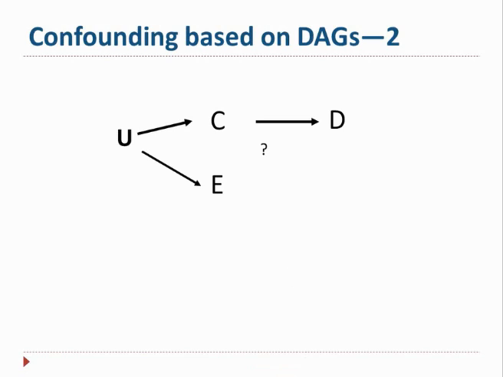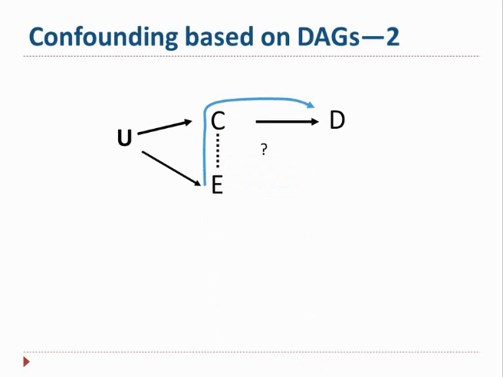So here, again, we want to estimate that arrow. So we're going to remove it just so we can see if there's any other way, any other backdoor path through which we can get from E to D. And because U is associated with both C and E, they are going to be associated. And through that, we have this backdoor path from exposure to disease.